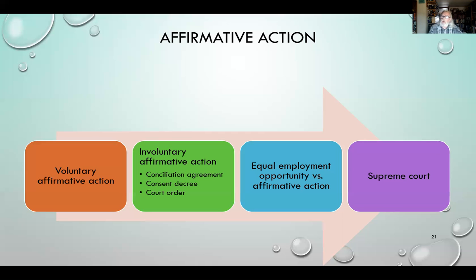You don't have to hire people who are not qualified. You have to show that you've tried to find them, though. That's what it's all about, that you've made the effort, that you've had a plan and you followed through. So hiring and promotional preferences may be permissible to redress maybe some of your past discriminatory actions.